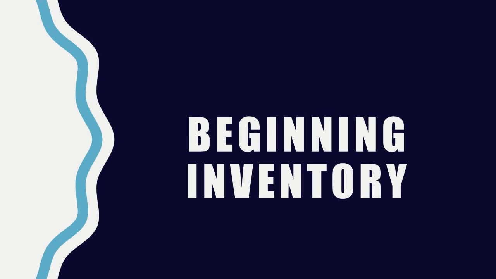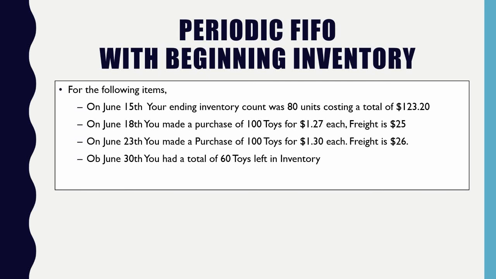Okay, so now the next section is going to be a continuation of the previous example, because now I'm going to introduce you to what happens when we have beginning inventory. Okay?